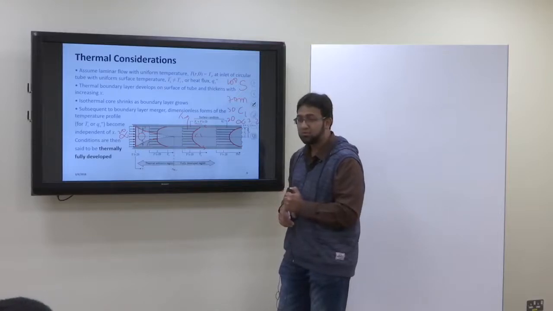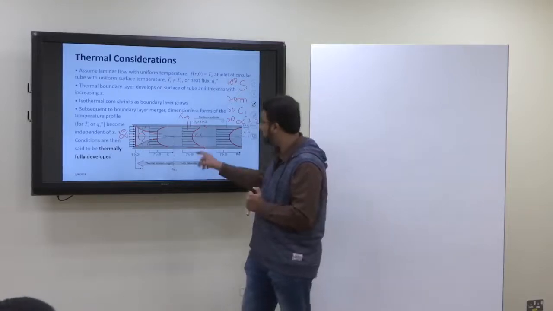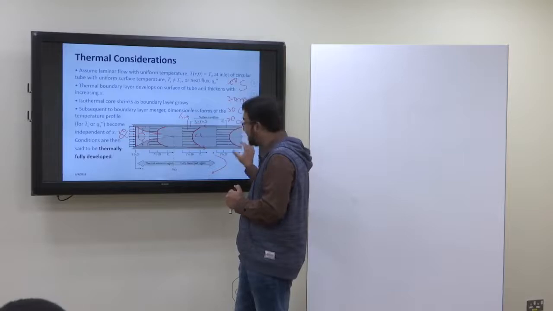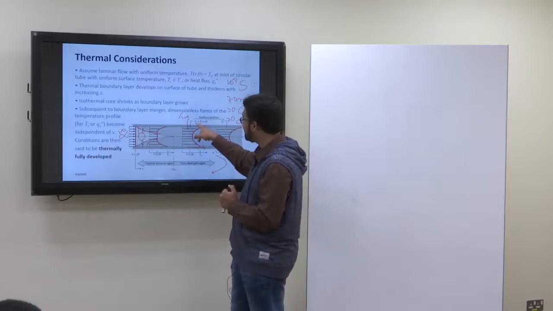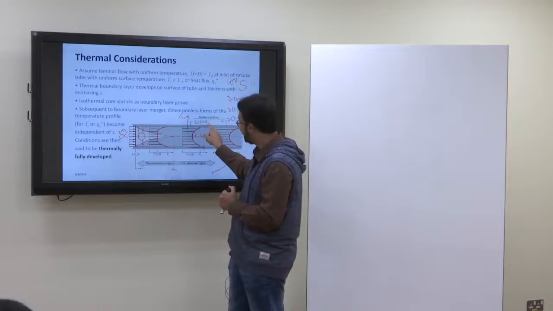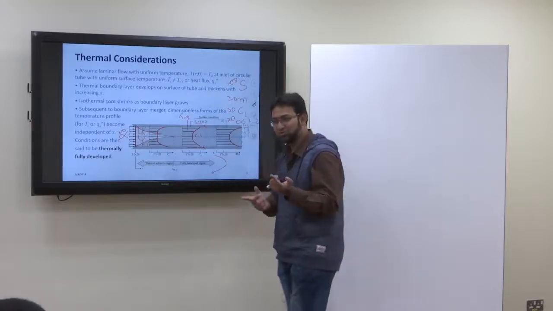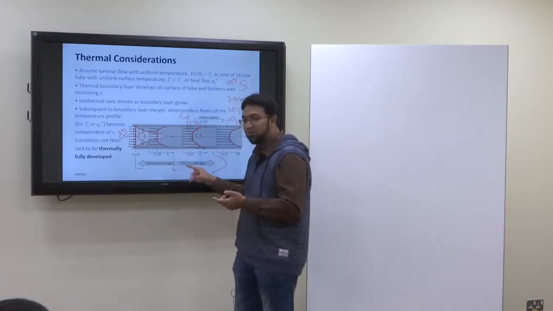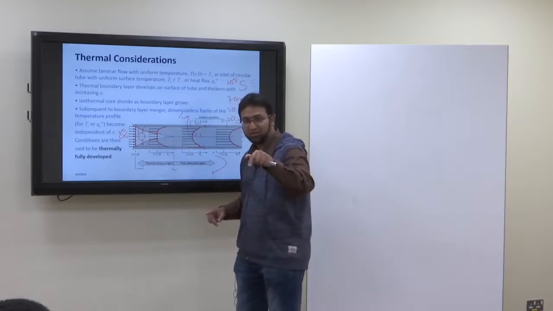The velocity boundary layer was like this because the velocity was 0 here, but was increasing. Now, in this case, we consider that the surface temperature is the highest. Suppose it is the lowest, then the temperature profile would be exactly the same as the velocity profile.